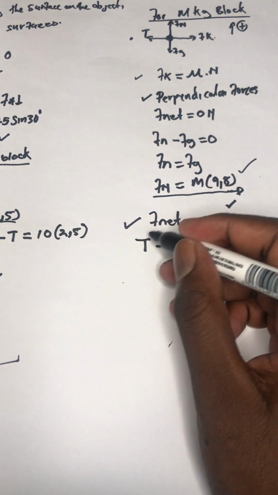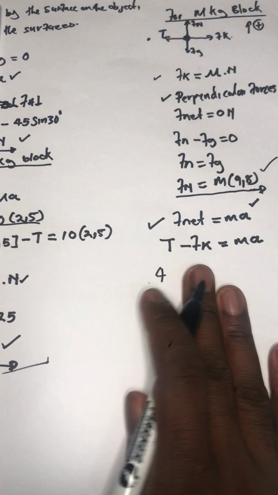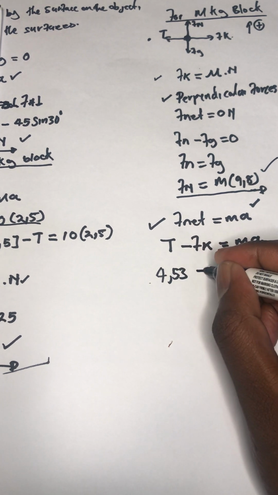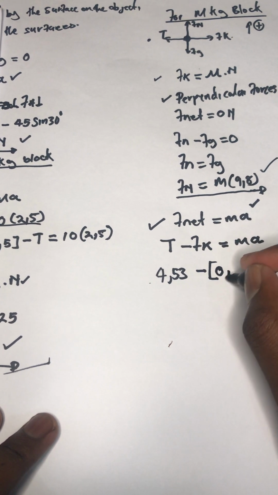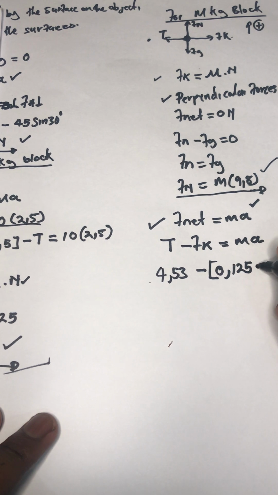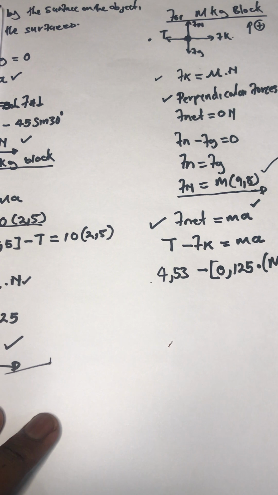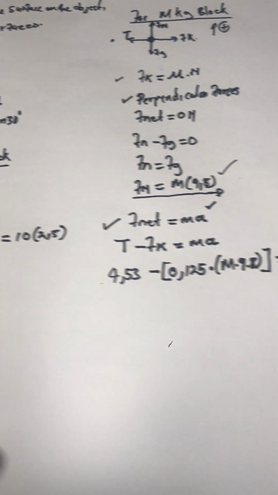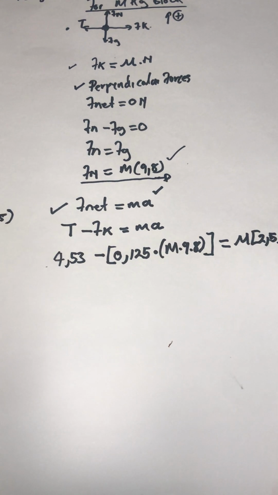The tension we calculated is 4.53, minus mu, 0.125, times the normal force, which is m times 9.8, equals mass m kg times acceleration 2.5. Okay, and then solve.